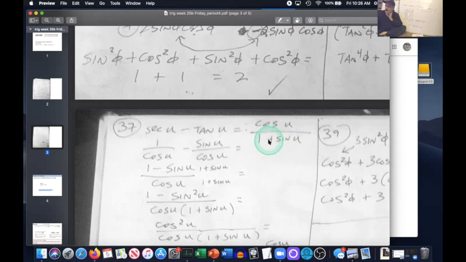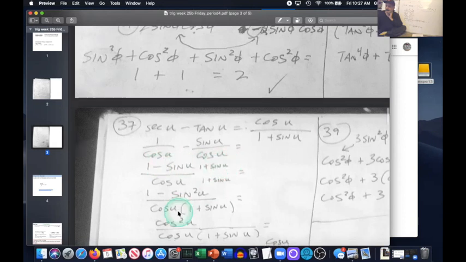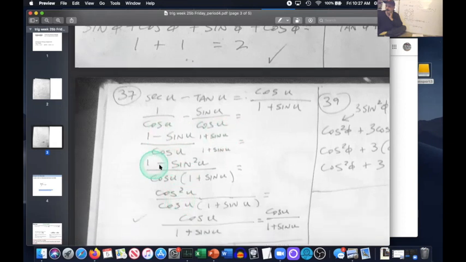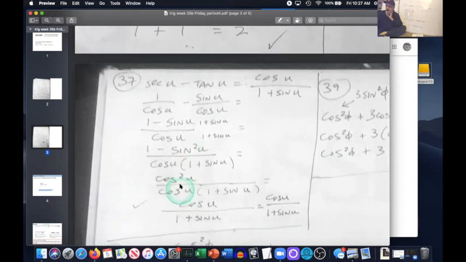So I thought, okay, well, let's multiply top and bottom, the left side by 1 plus sine, because that'll get us something that we want to be on the bottom. And so that's why I chose this step. Now notice on top, that gives us conjugates. And since 1 minus sine squared is cosine squared, we have this. And now after simplification, we wind up with the same value on the right side.